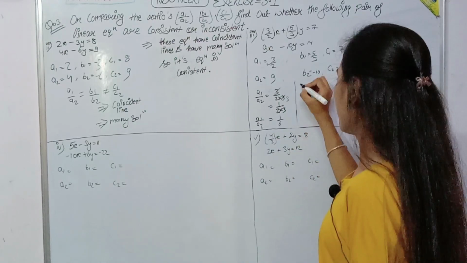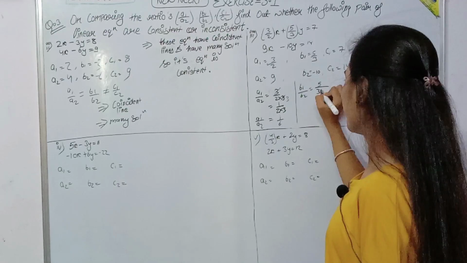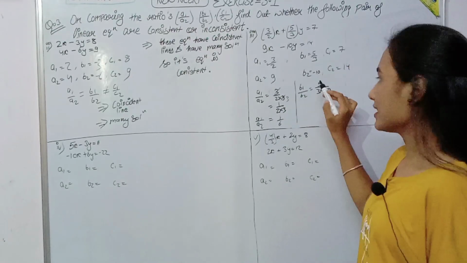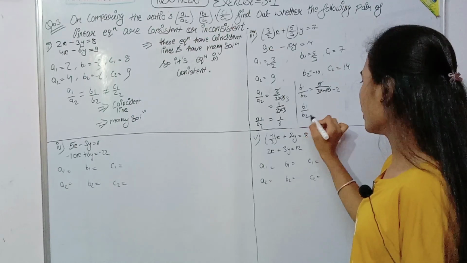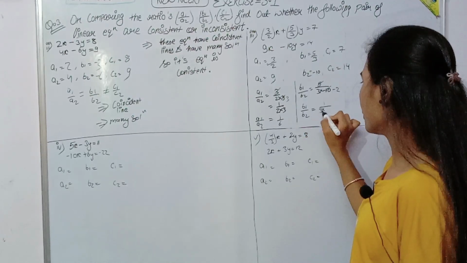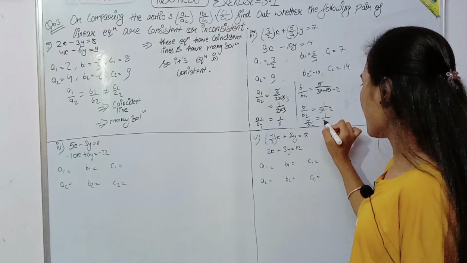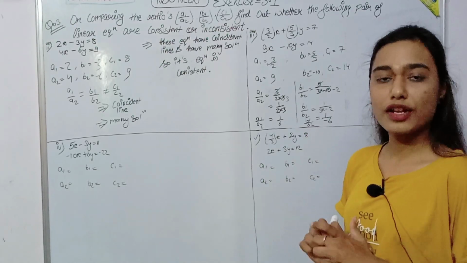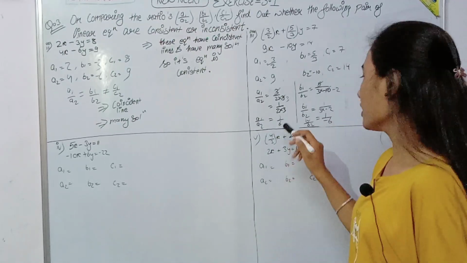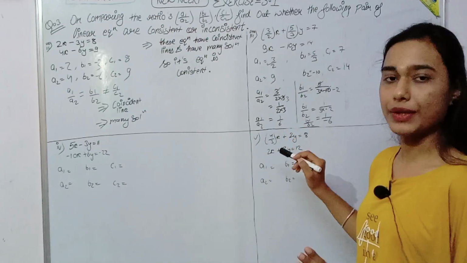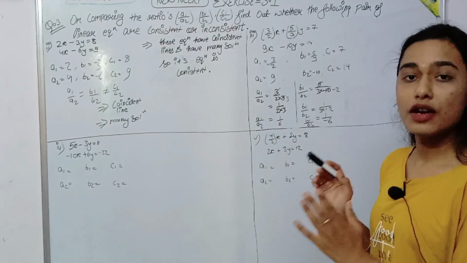Then b1 upon b2 here is 5 upon 3 into minus 10. So we write this as minus 2 here. So b1 upon b2 equals 1 by 3 into minus 2. b1 upon b2 equals 1 by minus 6. So in this, a1 upon a2 is not equal to b1 upon b2, because here there is no negative sign in a1 upon a2, 1 by 6 is positive, while b1 upon b2 is negative, 1 by minus 6.